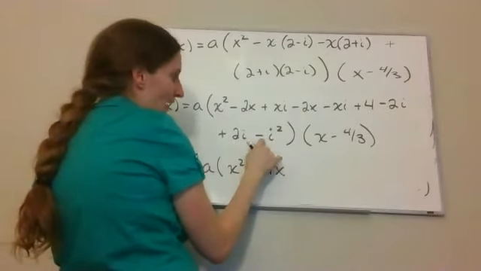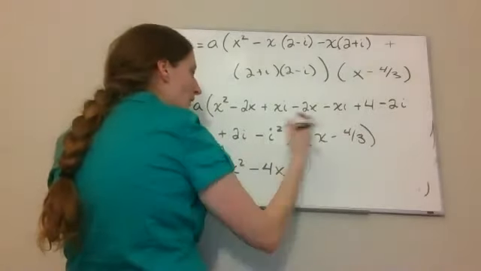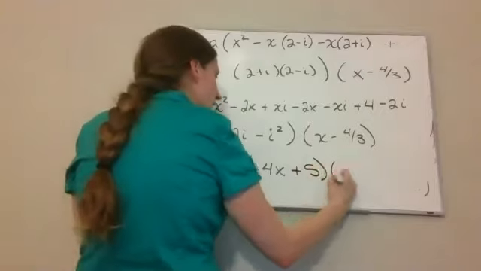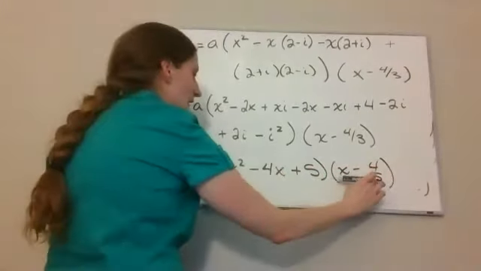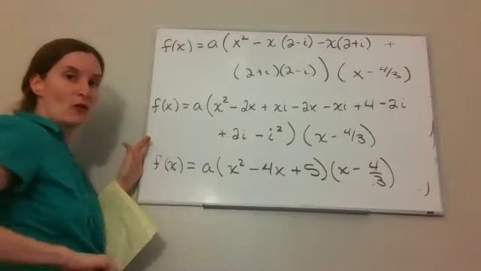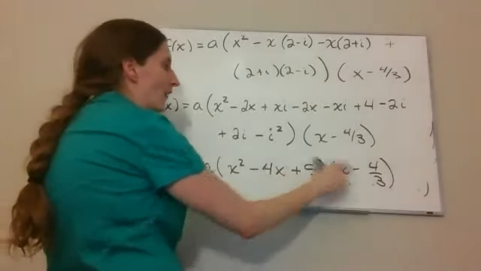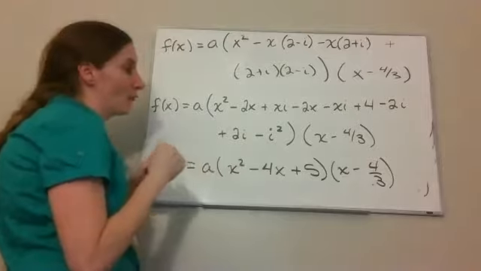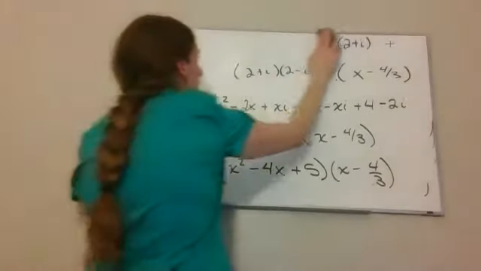So this is a minus negative 1. That's plus 1. 4 plus 1 is 5. And we're almost there. That's starting to look a little bit better. Now we need to multiply this x squared minus 4x plus 5 times that x minus 4/3. Do all of that distribution and we'll see what we get.